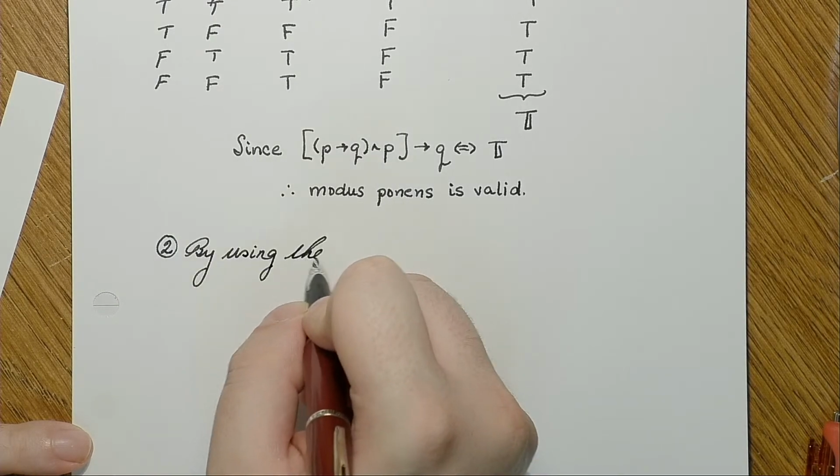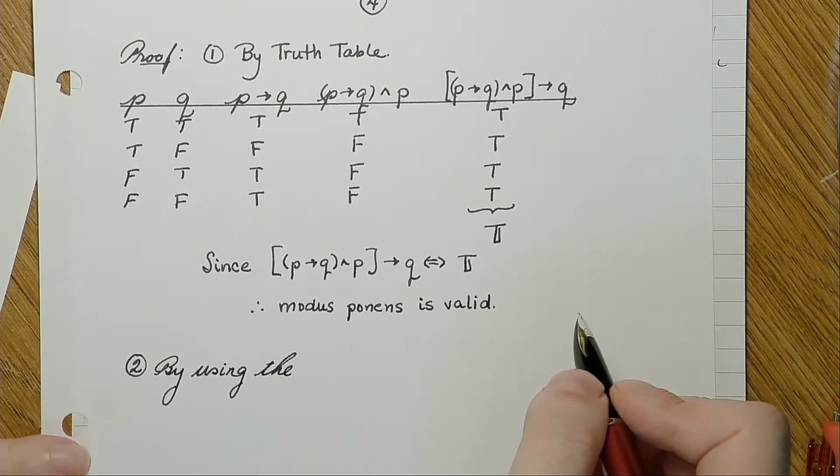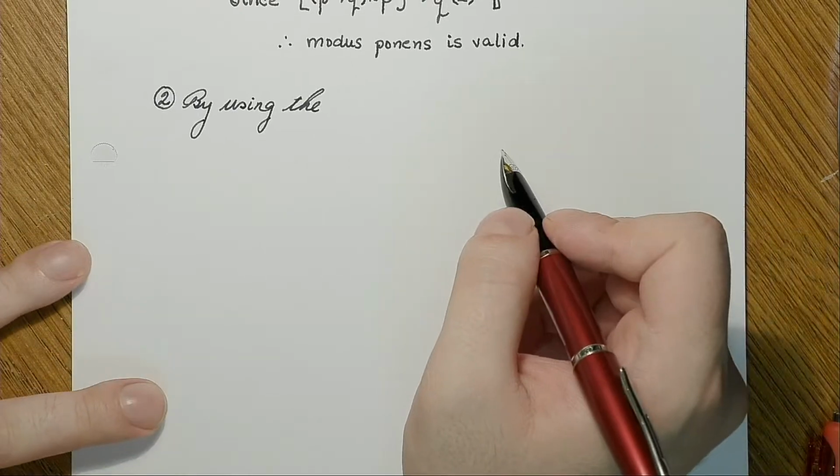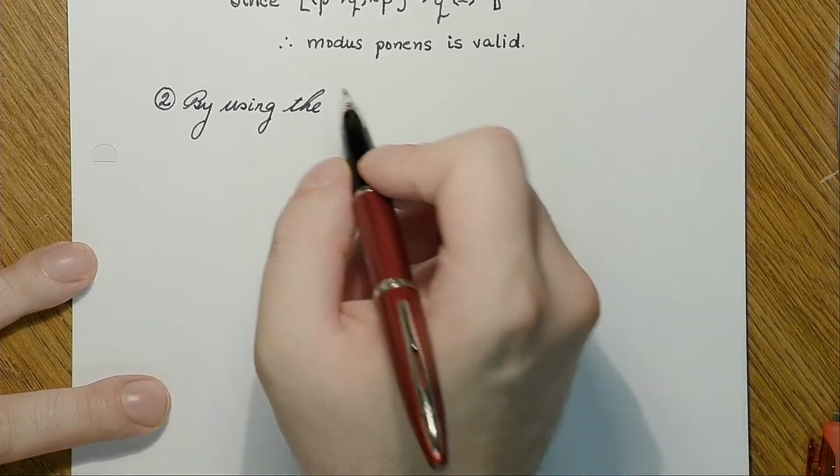So this is the first way that we could do it. We can do it by truth table. And the second way that we could do it is by using the rules of inference.